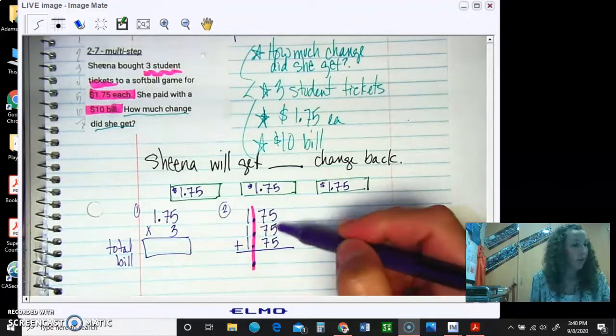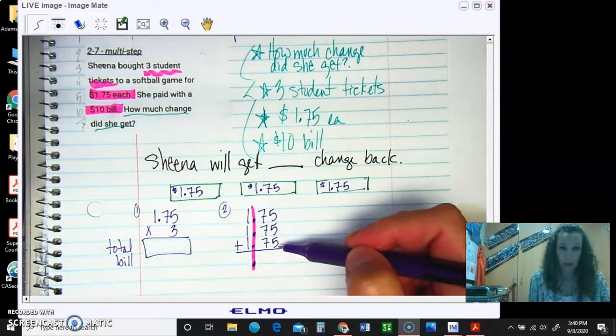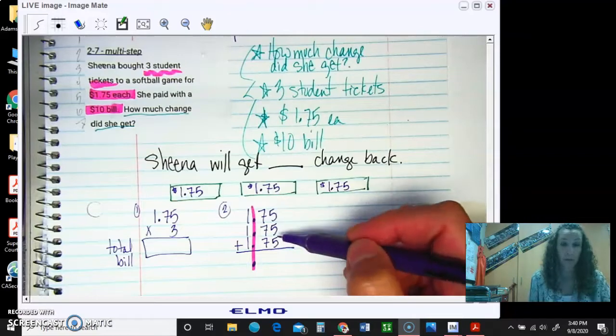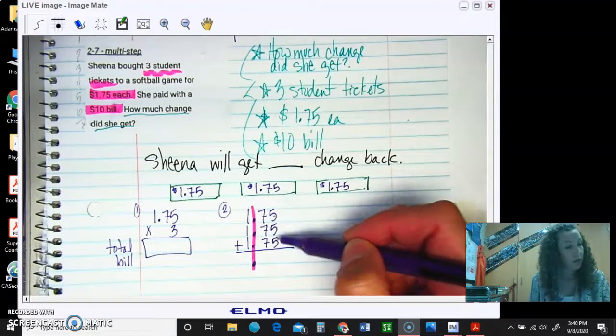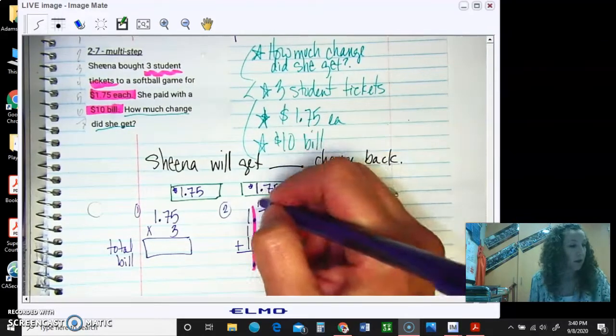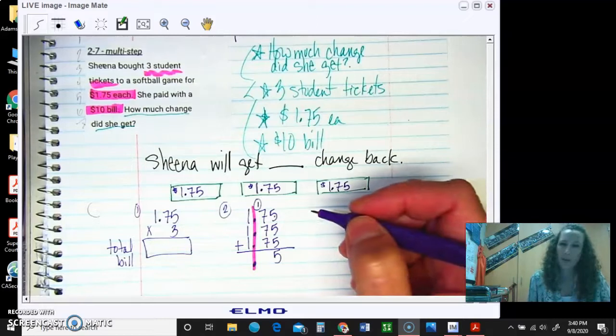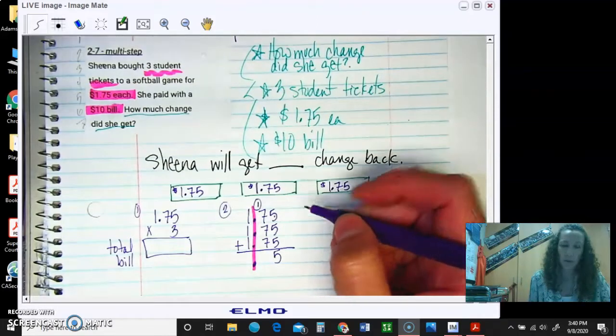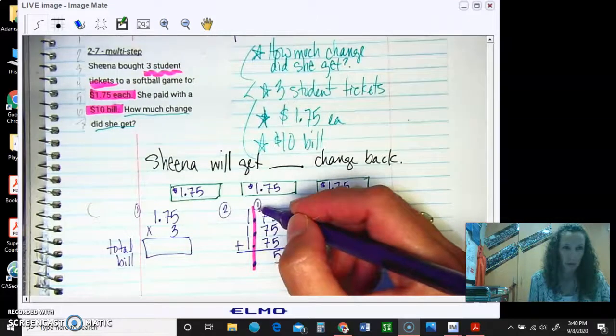So I have 3 5s I'm adding together. You can add them, or you can go, hey, 3 times 5, 15. 5, 10, 15. So I put that 5 there. I regroup that 1. I like to always circle the numbers that I'm regrouping so that I remember that it's there.